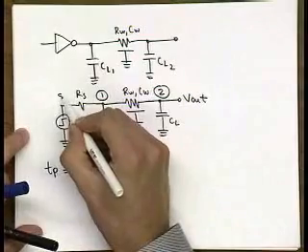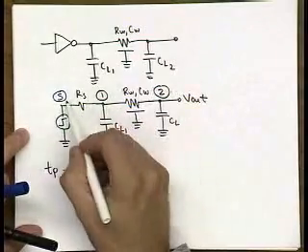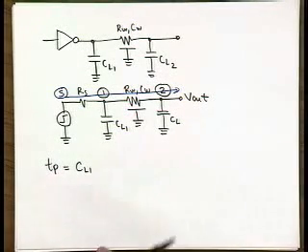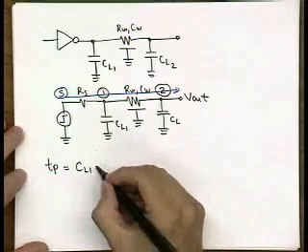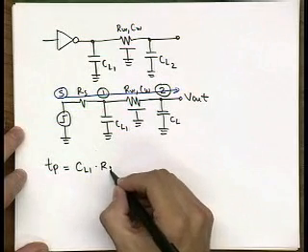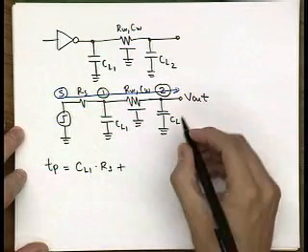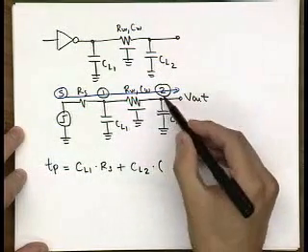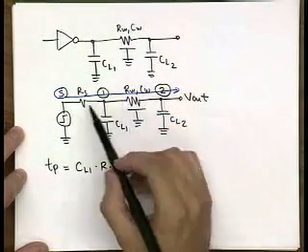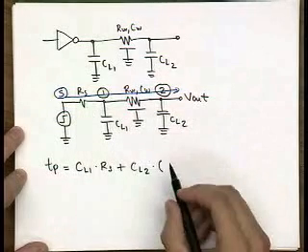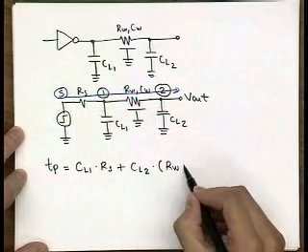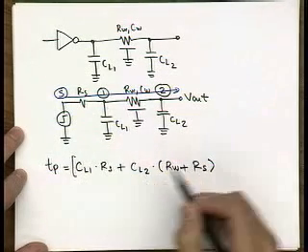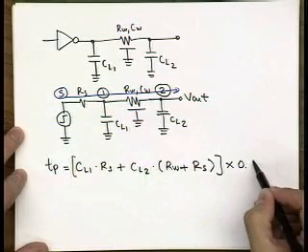This is our source, and this is the destination. So now we have CL1 times RS. For CL2, we have the wire resistance and also the resistance of the source. So we have RW plus RS. And this is all multiplied by 0.69.